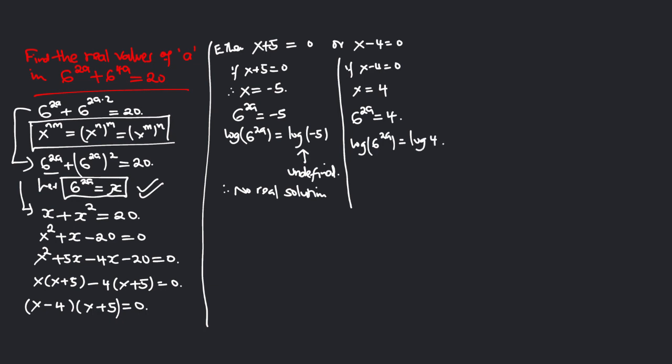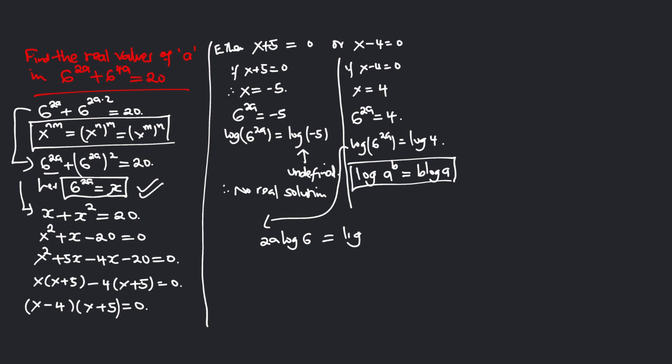And we know that if you have log a power b, then that can be written as b log a, which means, therefore, that log 6 to the power of 2a can be written as 2a log 6, and that is equal to log of 4.